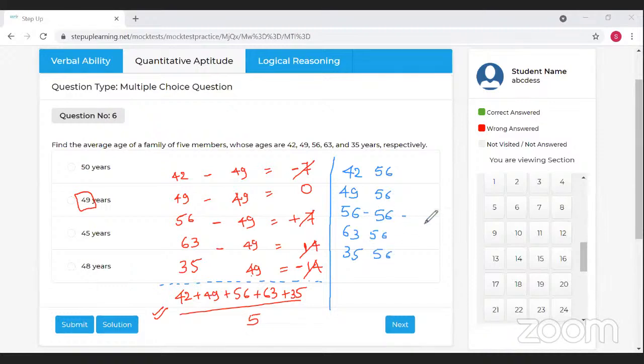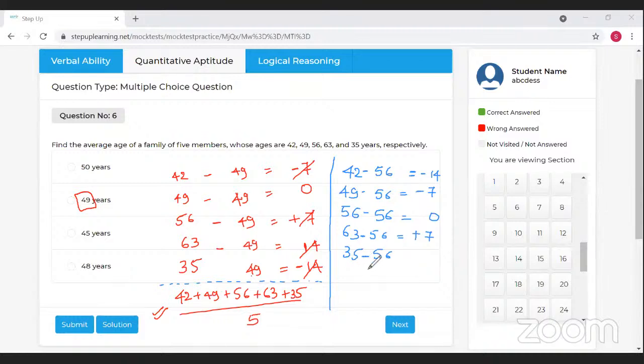So 56 minus 56 is 0. 49 minus 56 is how much? It is 7, so this is minus 7. 42 minus 56 is minus 14, right? 63 minus 56 is plus 7.